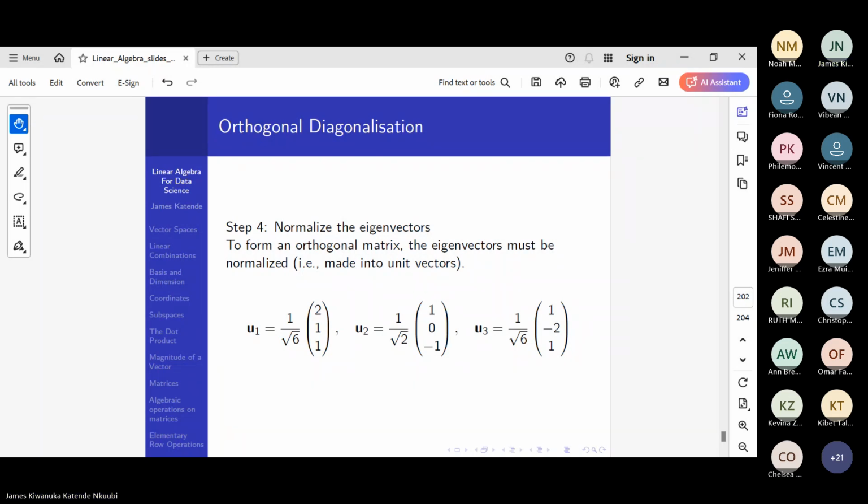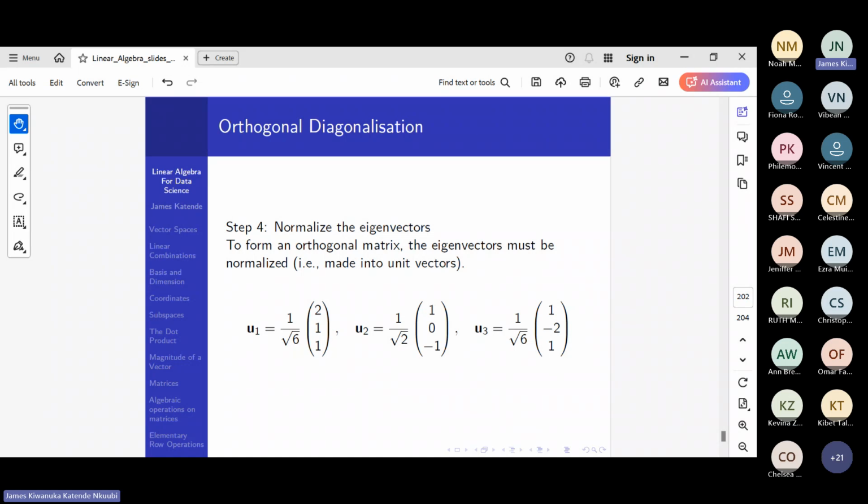The dot product is supposed to give you 0. Pairwise, you look at them pairwise, they're supposed to give you 0. Let's check these last two. This one and this one are orthogonal. This one and this one don't seem to be orthogonal. So there might be a problem somewhere.